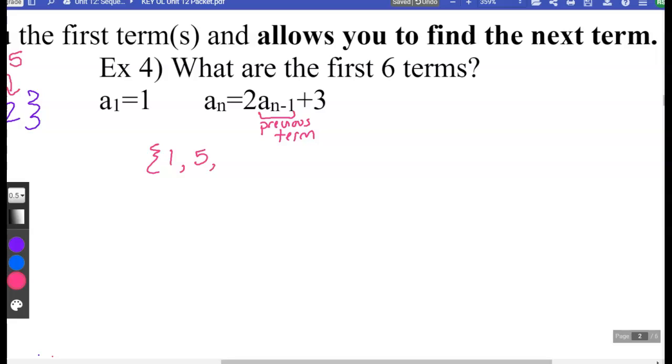What do you think the next term is going to be? Yes, 13, because 2 times 5 is 10, plus 3 is 13. Wonderful.